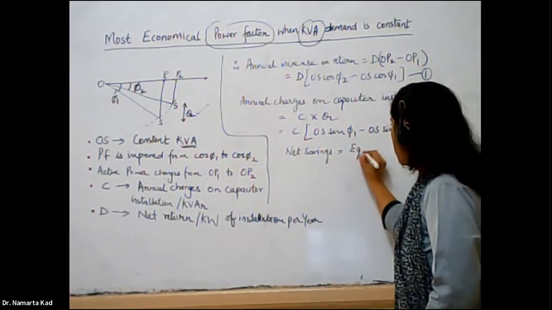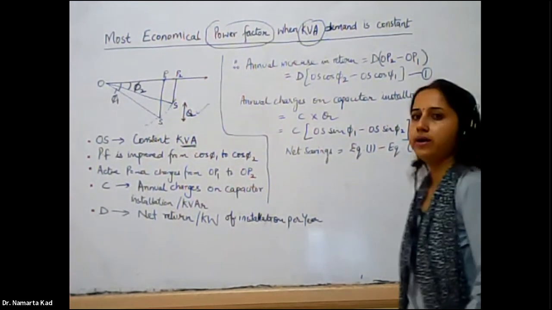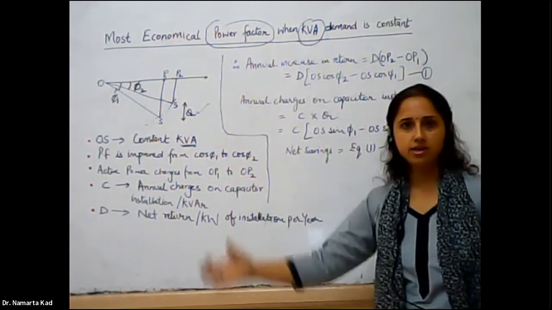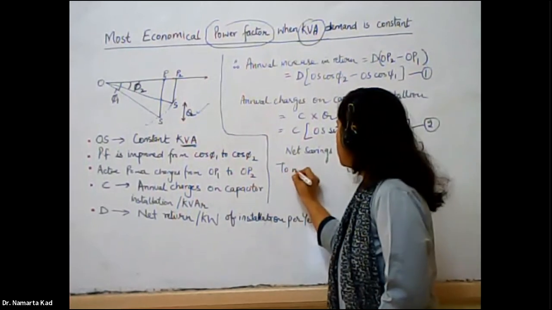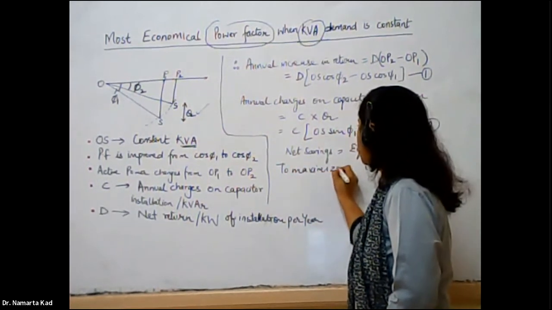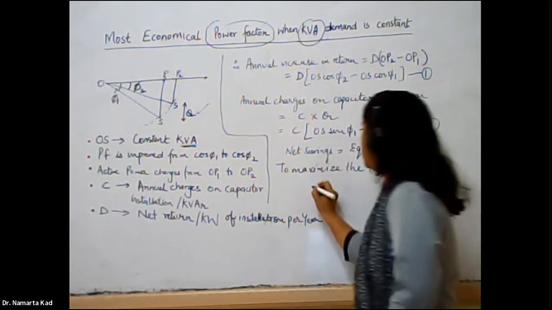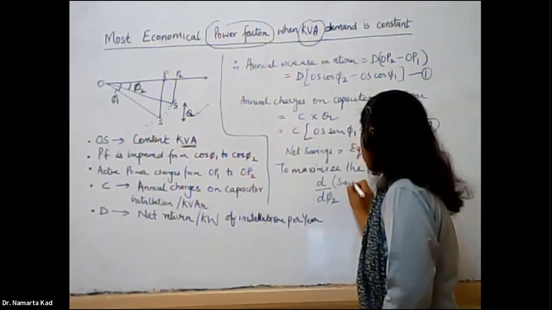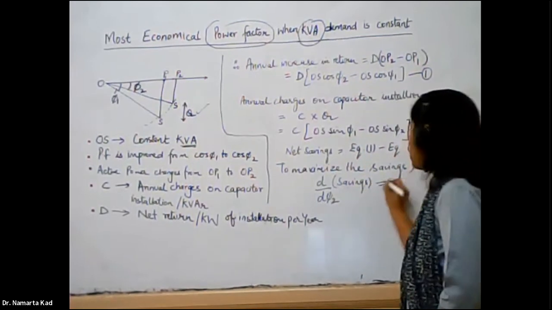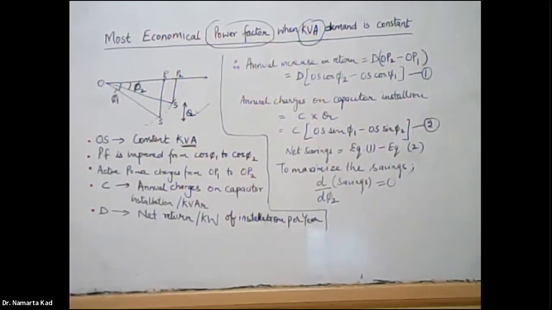Following the same rule as done in the previous derivation, to maximize the net savings, just differentiate the savings with respect to phi 2 and equate it to 0.